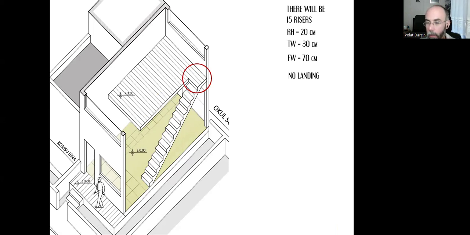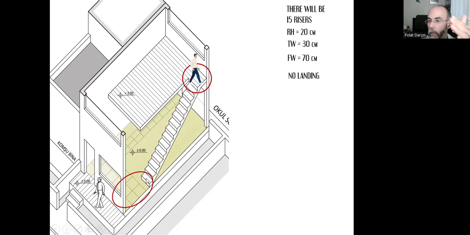And here, these distances are important because our user will start walking here when they enter from the front door. First, they are going to turn 90 degrees towards the wall, and then they need to turn 90 degrees towards the stairs. So they need a space here, and then they will be going upwards in the stairs.